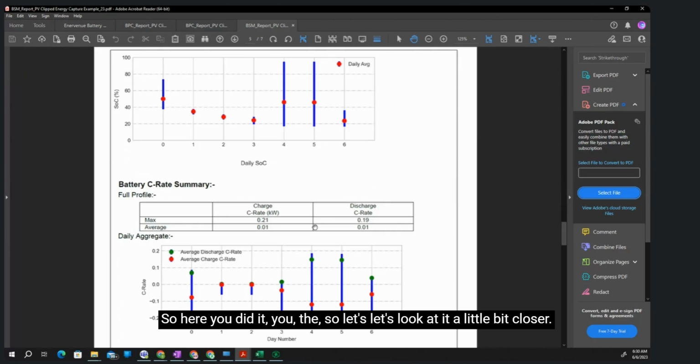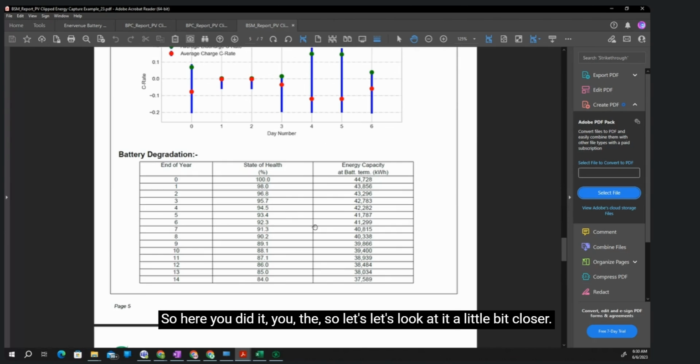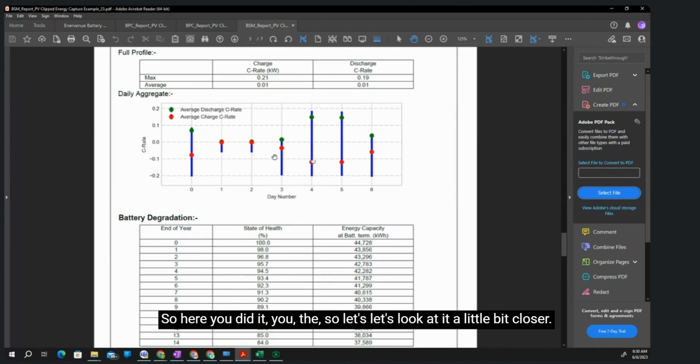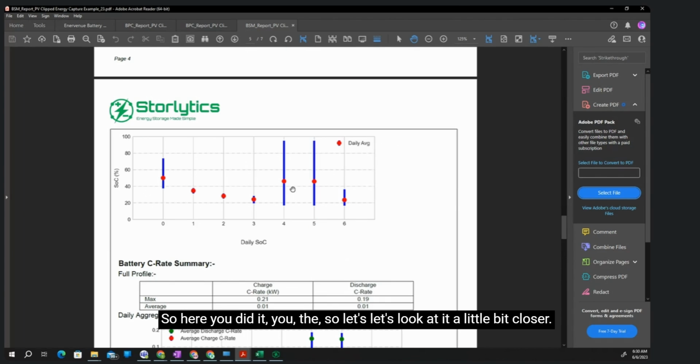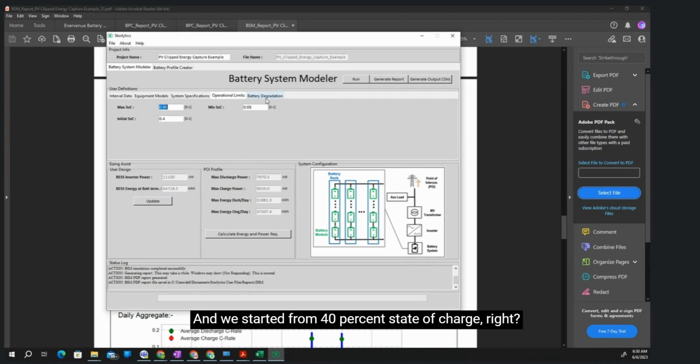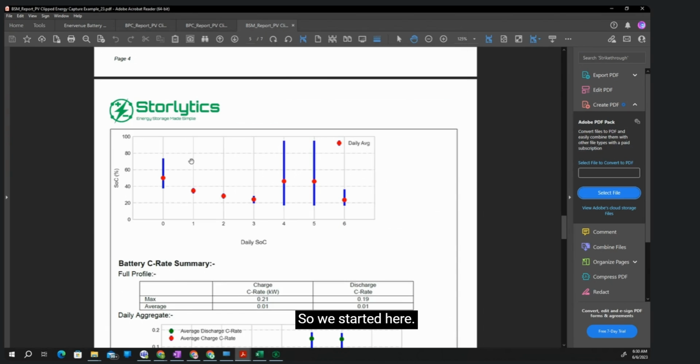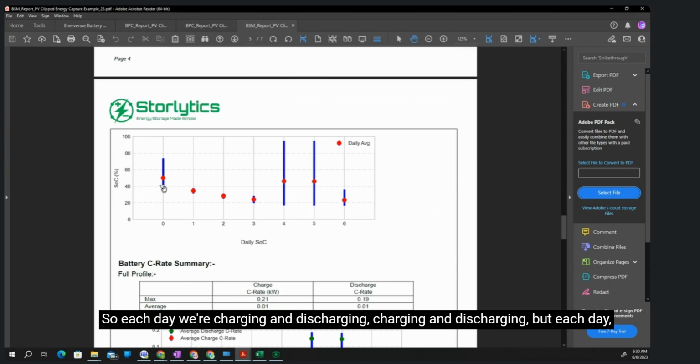Exactly. Let's look at it a little closer. Here you started off and you charge energy and discharge it. That's the use case, right? And we started from 40% state of charge. So each day we're charging and discharging, charging and discharging.